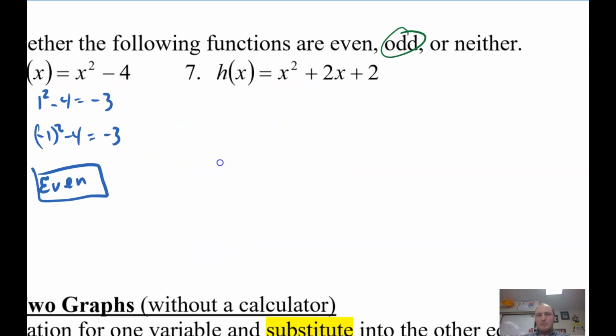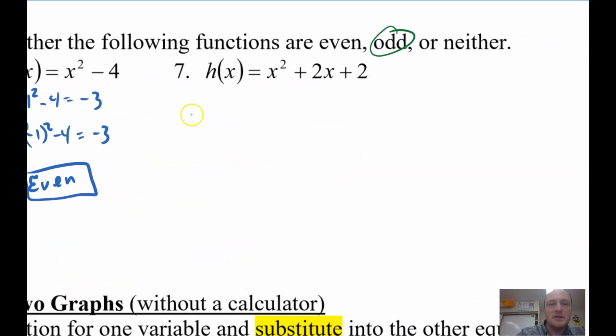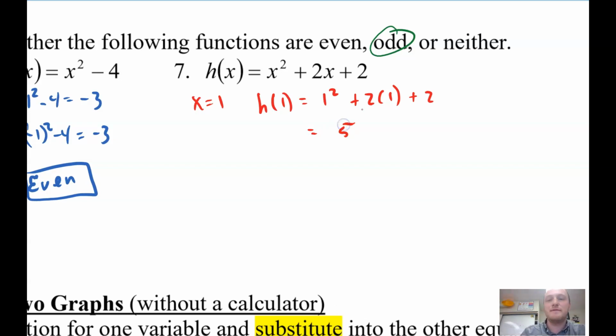For the next one, again, let me switch colors here. So x equals 1. I'm going to plug in and evaluate h of 1. This gives me 1 squared plus 2 times 1 plus 2. So we get 1 plus 2 plus 2, which is 5. Now we'll evaluate negative 1.